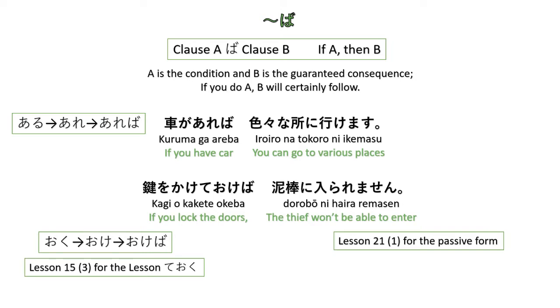So, we use hairaremasen, and this is the passive form, which we have learned in lesson 21, part 1. Kagi o kakete okeba dorobo ni hairaremasen. If you lock the doors, the thief won't be able to enter. Okay, so here the actions in the first clause guarantee that a certain consequence will follow. Okay?